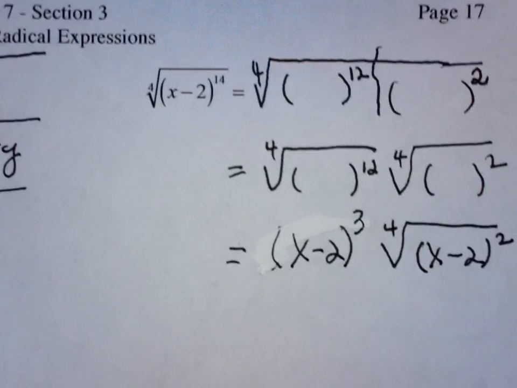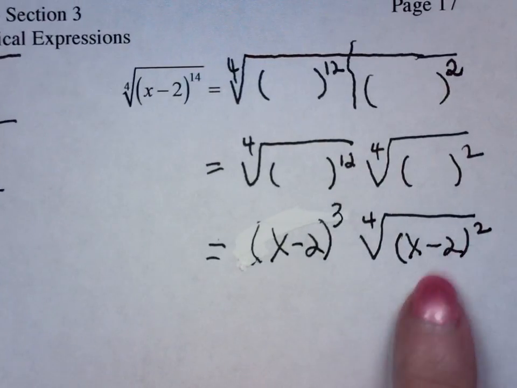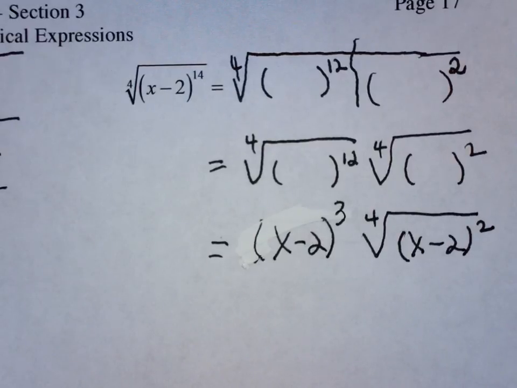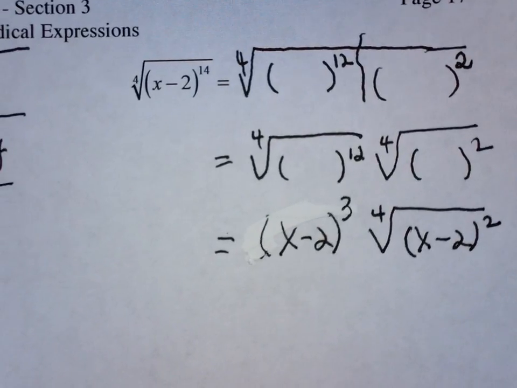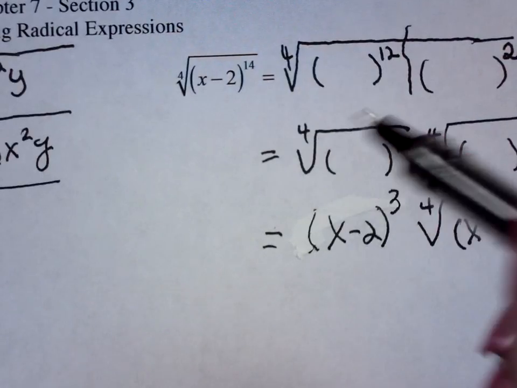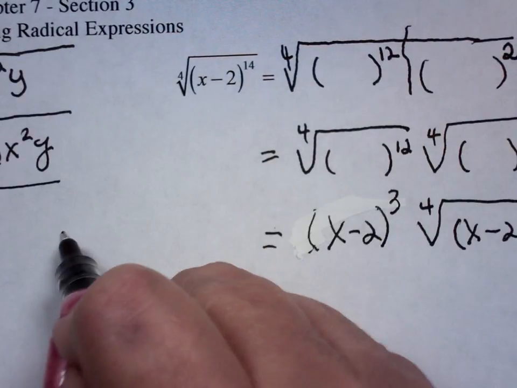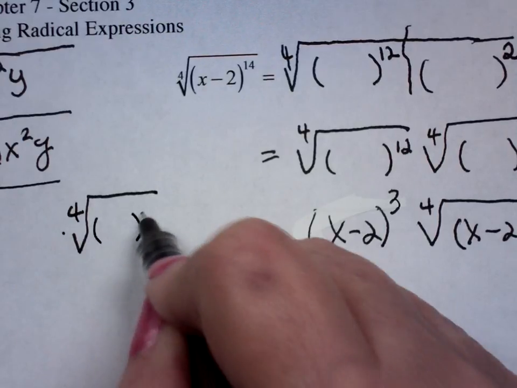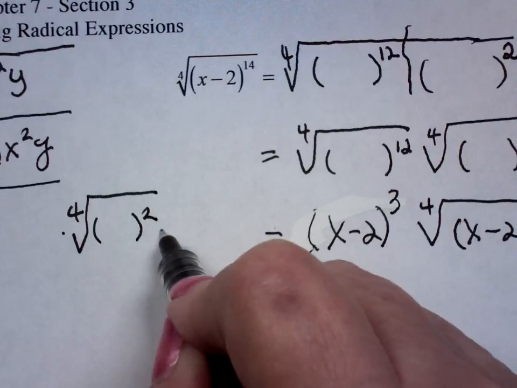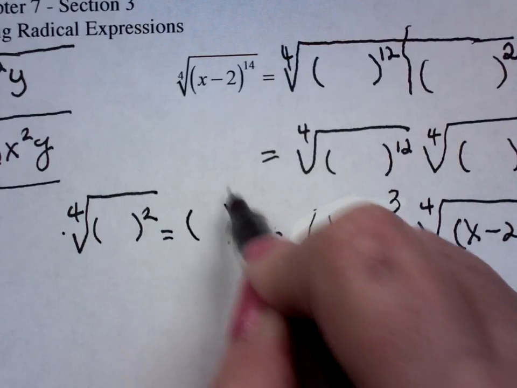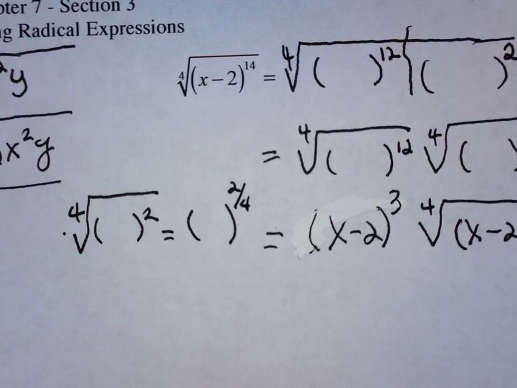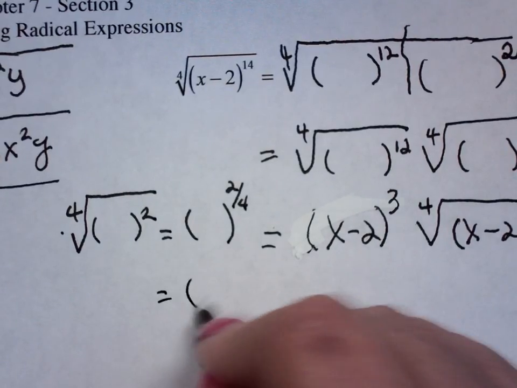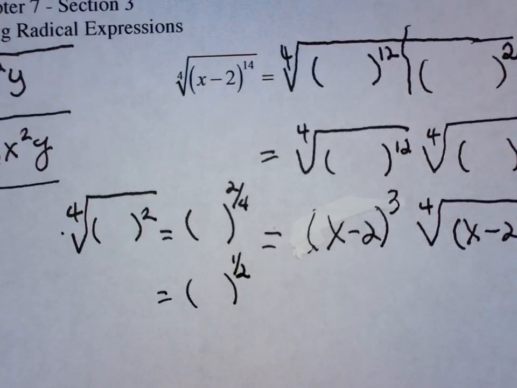The reason why I say that is that this guy can be reduced down. And you're going to say, well, what do I mean by that? I forgot that I was still videoing. And that is, if I look at the fourth root of parentheses squared, it's the same as parentheses to the 2/4 power, fractional power, which is the same as parentheses to the 1/2.